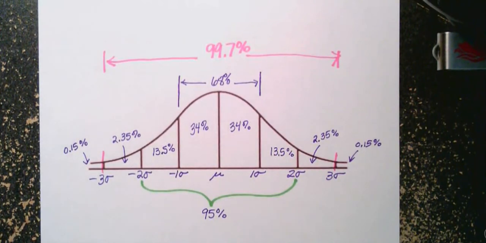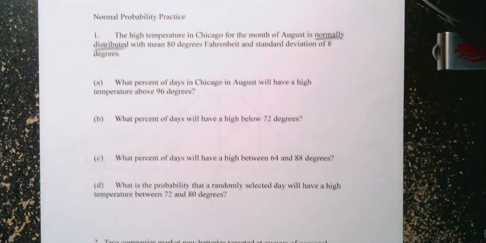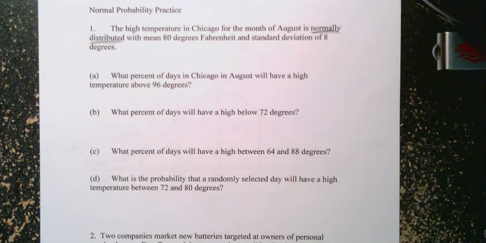So let's go ahead and go back to our Chicago problem. The Chicago problem said the high temperature in Chicago for the month of August is normally distributed with a mean of 80 degrees Fahrenheit and a standard deviation of 8 degrees.